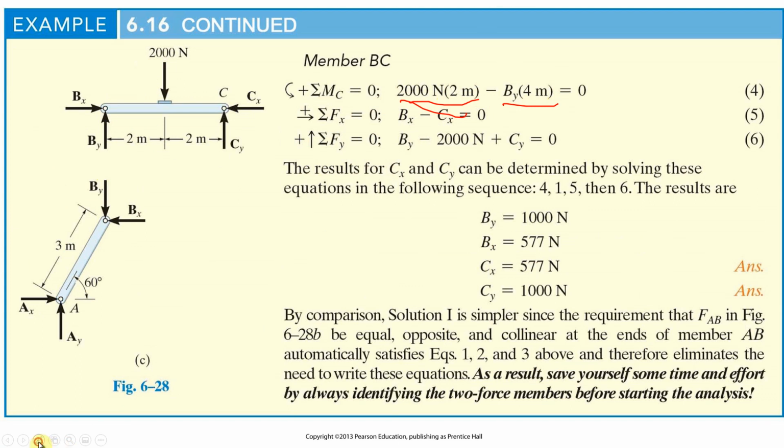Summation of forces in the x direction, that'd be the CX and BX, so they have to be equal. And forces in the y direction, that would be BY plus CY minus 2000 equals 0. So we can go through and solve these. BY has to be 1000.